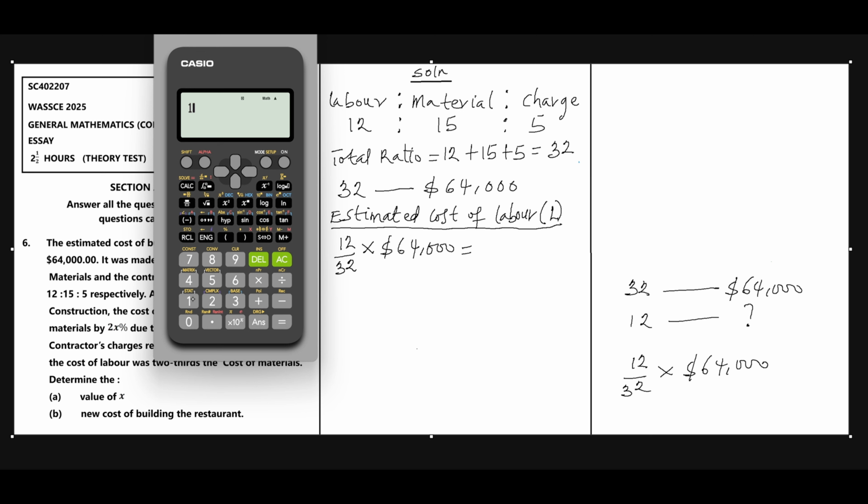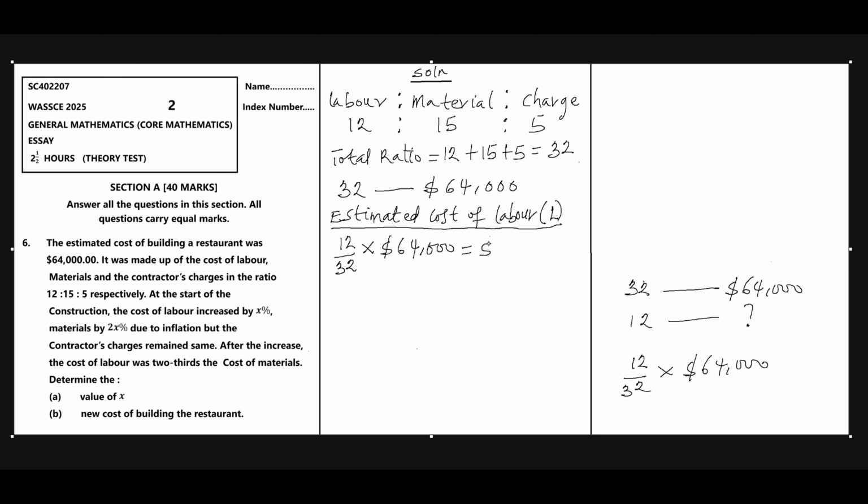Let's find out the estimated cost of labor. We have 12 out of 32 multiplied by 64,000. So that is $24,000. So the estimated cost of labor was $24,000.